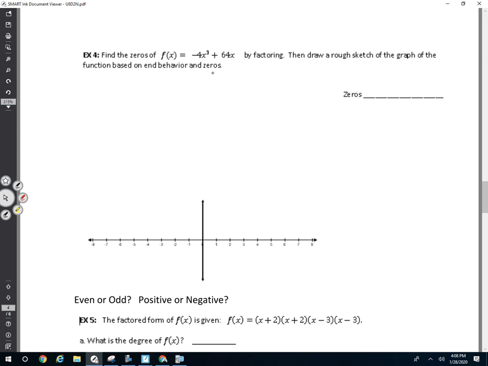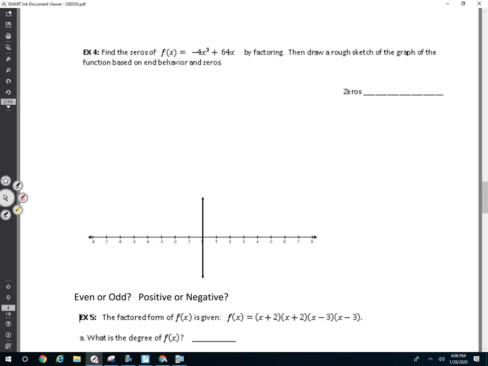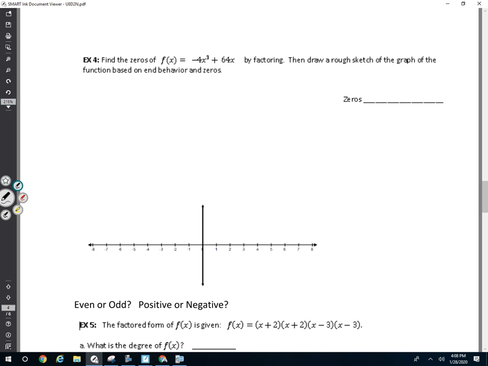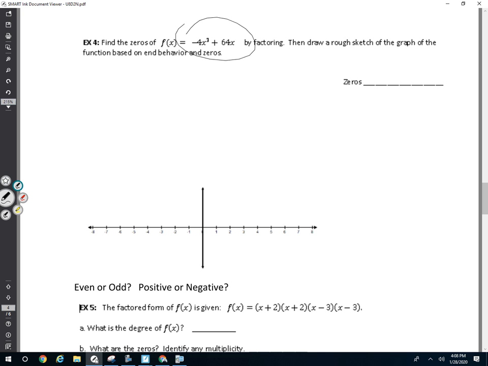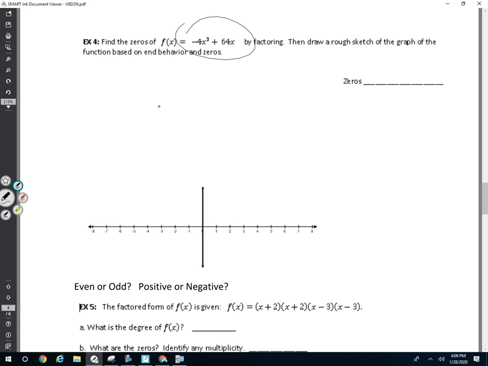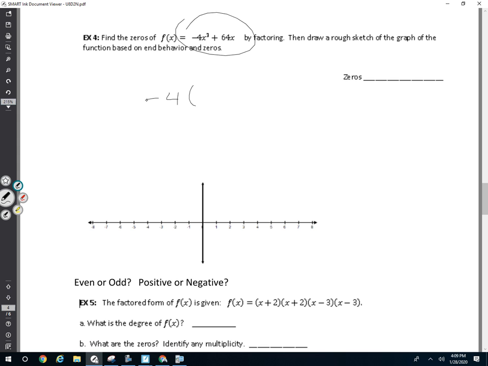Okay? Let's take this. Ready? Last one. Mr. Garcia, since you've already packed up, tell me what would be the first thing to factor when I'm factoring -4x cubed plus 64x? -4. Very nice. -4x comes out.